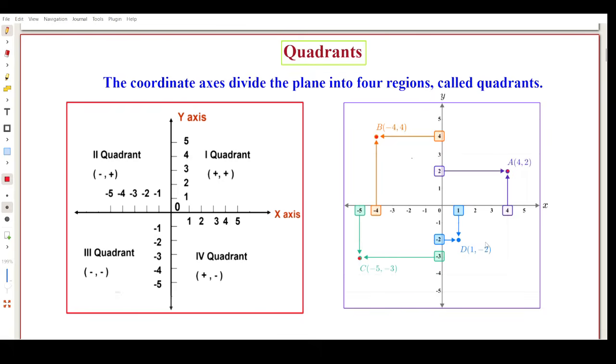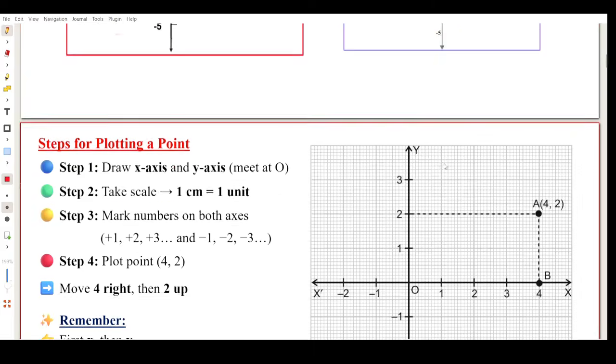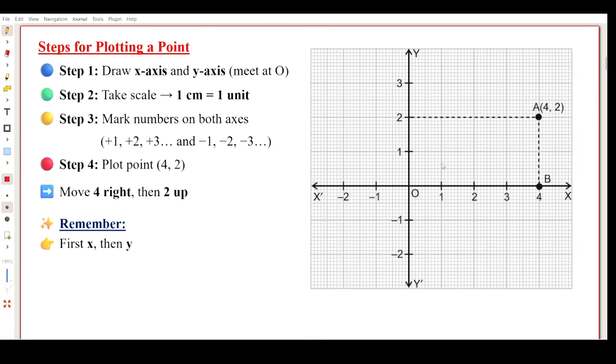Next, plus minus belongs to the fourth quadrant. So by using the quadrants, you can easily identify which quadrant a given coordinate belongs to. Based on this, we'll be solving the exercise today.